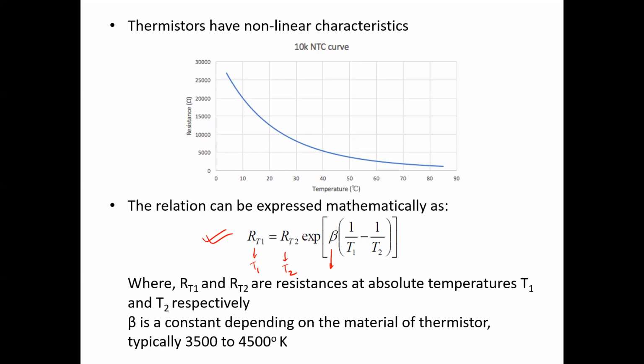The typical value for beta lies within the range of 3500 degree Kelvin to 4500 degree Kelvin. Using this nonlinear relation, the resistances at different temperatures can be related.